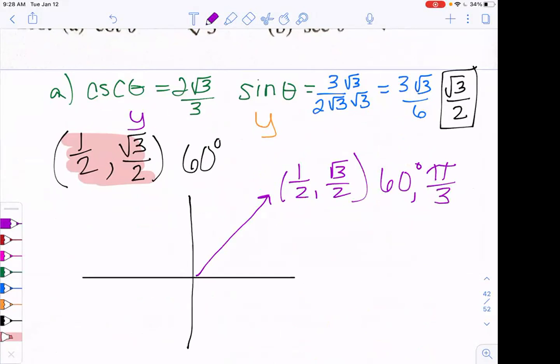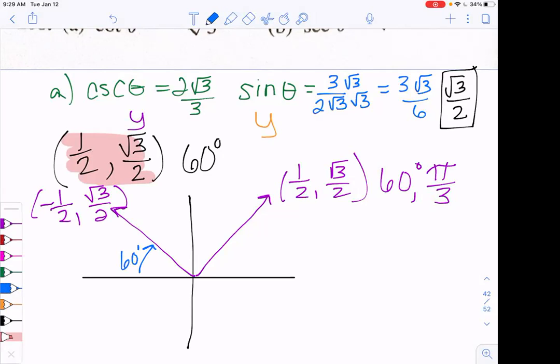Leah, what other location would my y be the positive square root of 3 over 2? The second quadrant. X is negative, but y is still square root of 3 over 2. That 60 degrees is this angle right here. That's my reference angle.